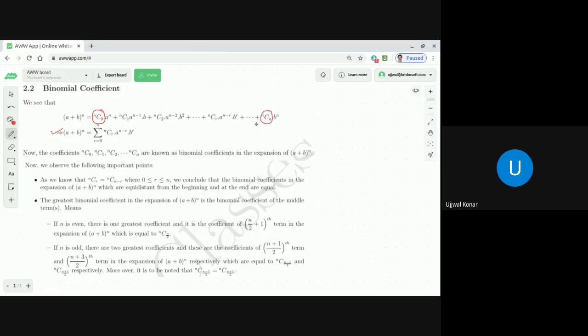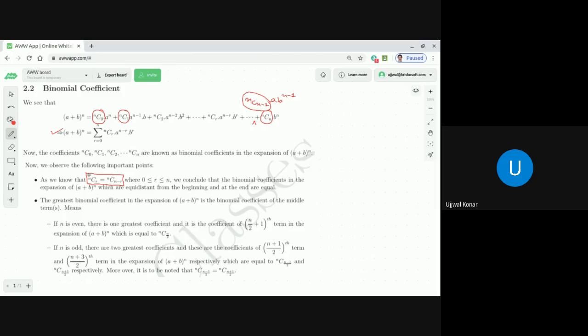Before the term nCn, what was the term? It was nCn minus 1 into a into b power n minus 1. What I'm saying is that the value of nC1 is equal to the value of nCn minus 1. From where are we getting this? We are getting it from the equation nCr is equal to nCn minus r.